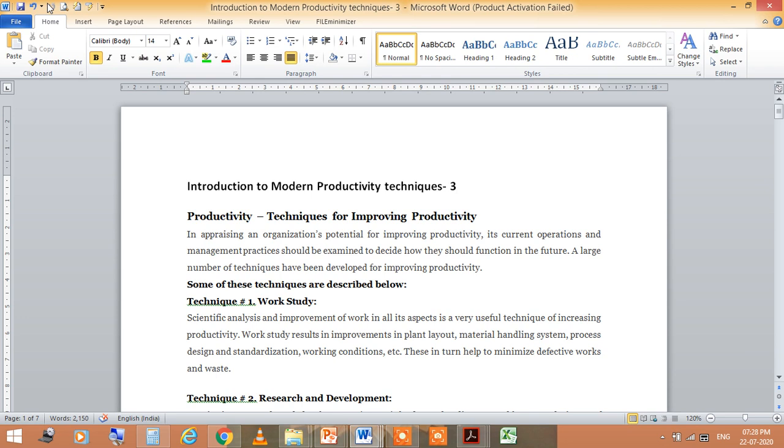Work study means before planning you need to go through the whole thing. You have to analyze the things, then after that you can take decisions, or you can plan your strategy, right? You can make the strategy.